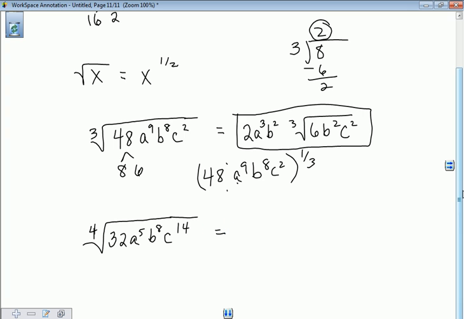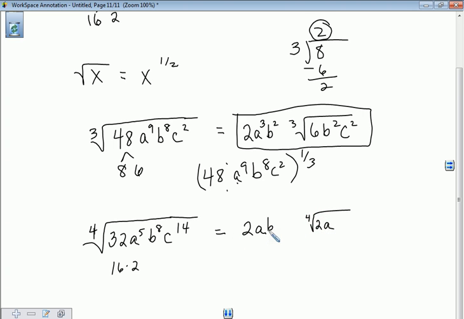Okay, 4th root. I'm going to go ahead and tell you it's 16 times 2. The 4th root of 16 is 2. Does a come out? To what power? 1. Okay, what stays under? 1. Okay, does b come out?